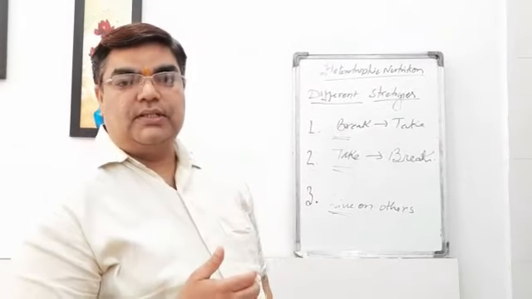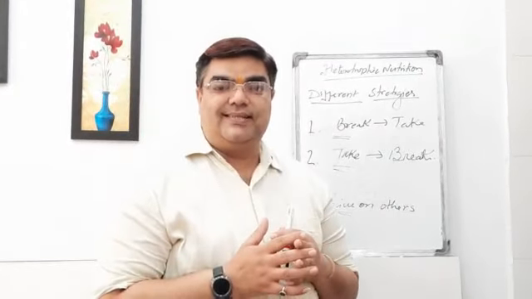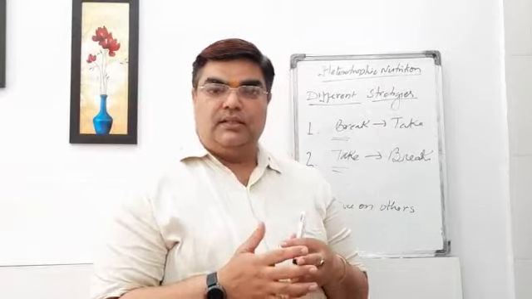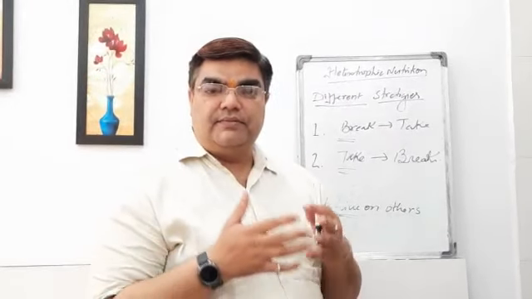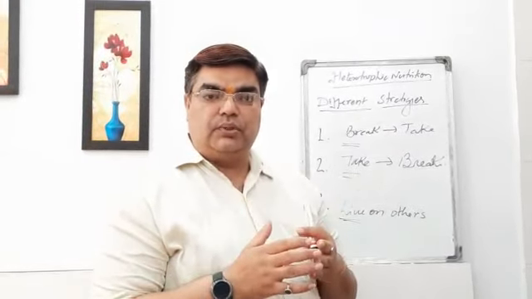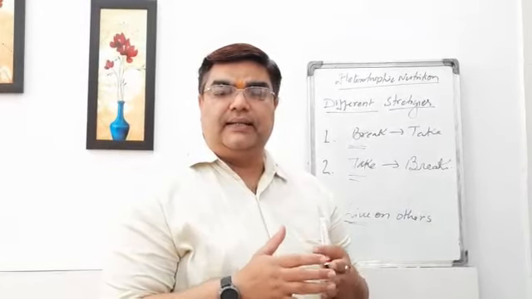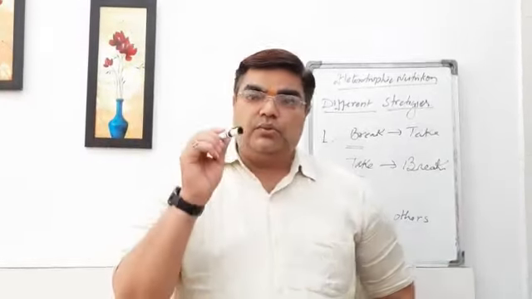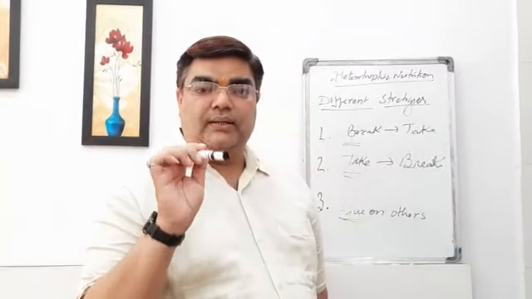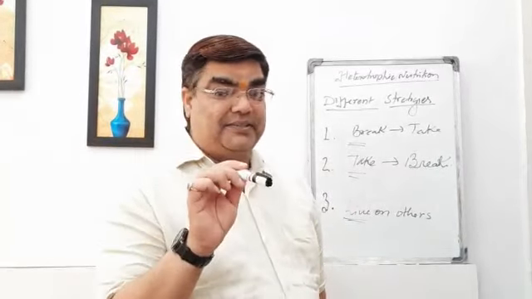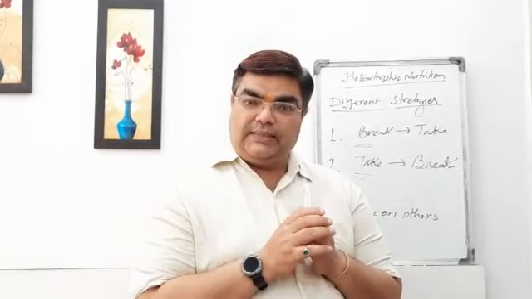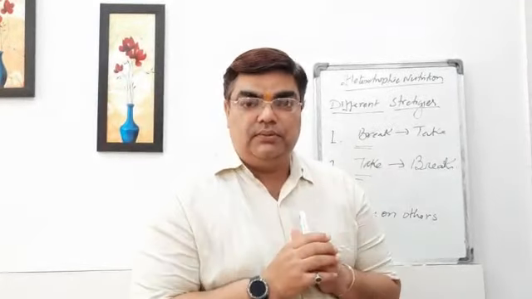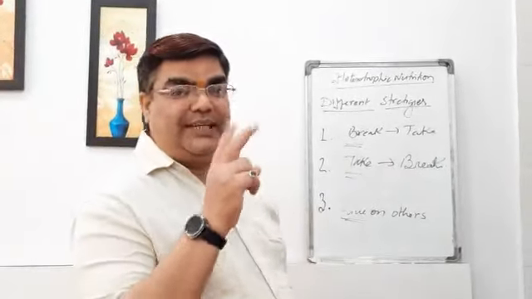Recently I posted a video about the different strategies taken by different animals to take food. A number of students asked why they are adopting a number of strategies, and the need for that. So today I want to discuss one interesting fact. Student, do you know what the types of food are? Food may be of two types.